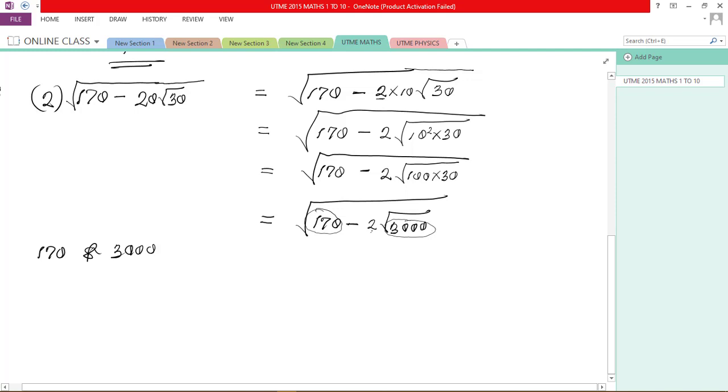This 3000 is the clue to the answer. Here we are looking for 2 factors that we can multiply together to give 3000, and add together to give 170.